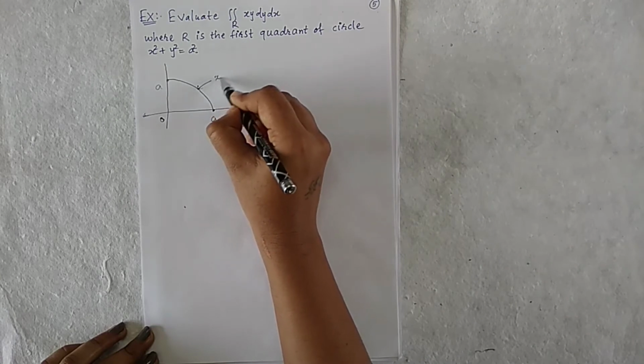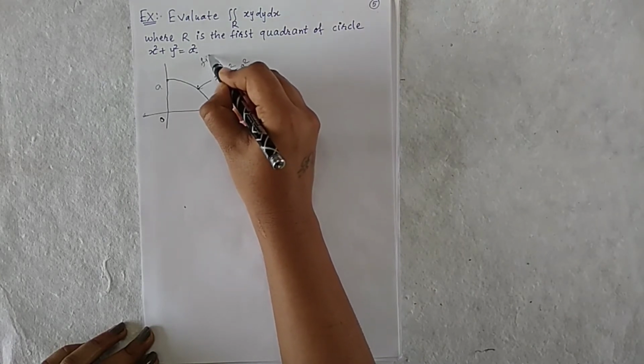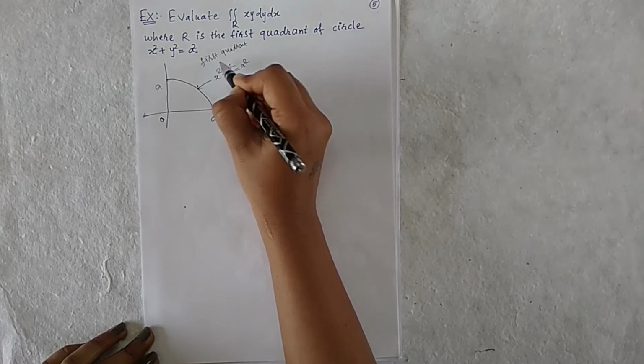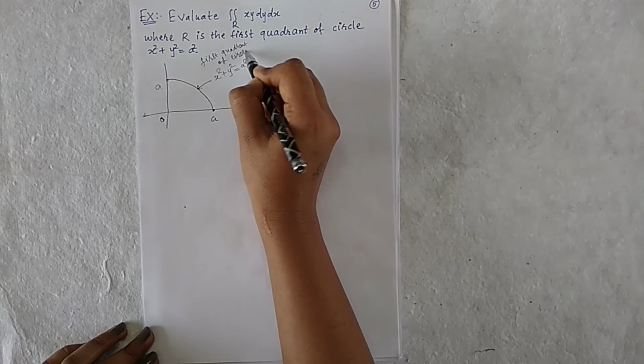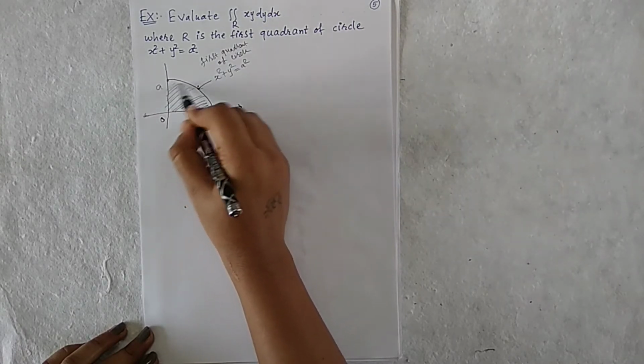So this x square plus y square equal to a square means the first quadrant of the circle, and we have to find the area of this given region.